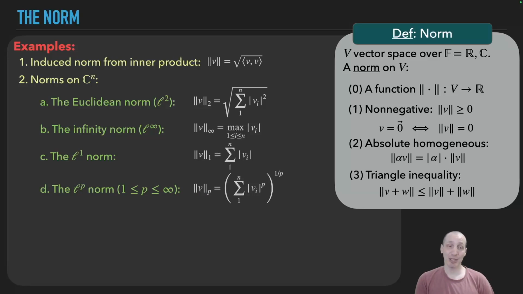And the definition is you sum from 1 to n the absolute value of Vi to the power of P, and then you take the root of 1 over P of everything. Right? So if you plug in P equals 1, you get the L1 norm. If you plug in P equals 2, you get the L2 norm. You cannot plug in P equals infinity, but if you take P to infinity in the limit, you get the L infinity norm.